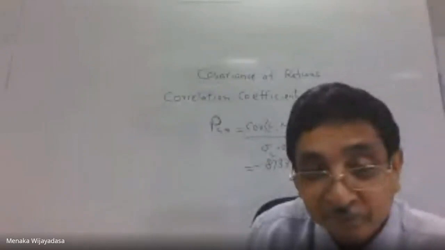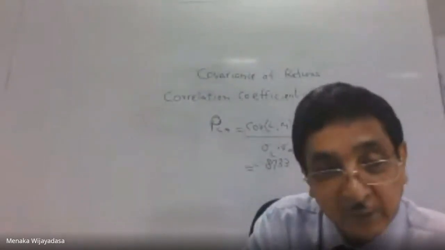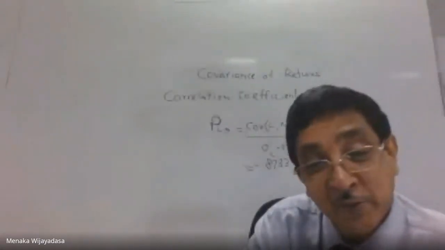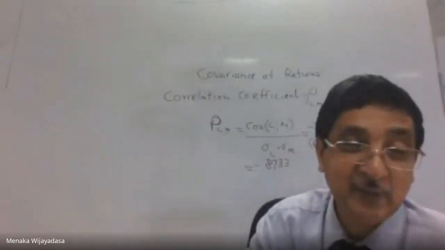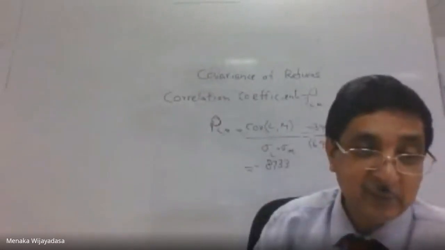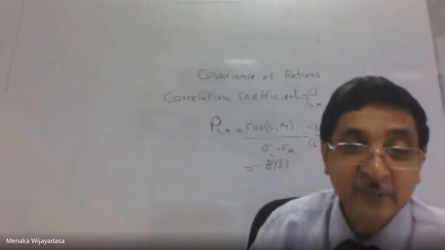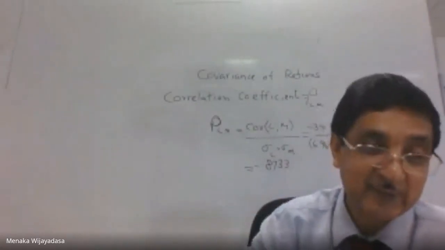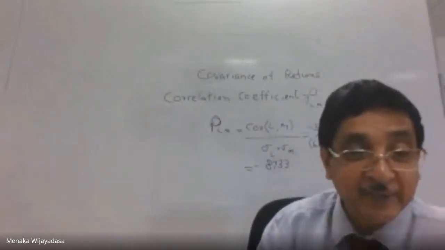Is that clear? Because it's like this. When you do investments, you have to select assets. On what basis are you going to select assets? On the basis of their return and risk. That is why at the beginning, we do these calculations and find out the returns and risk of those assets. If you do it singly, it is only one asset.